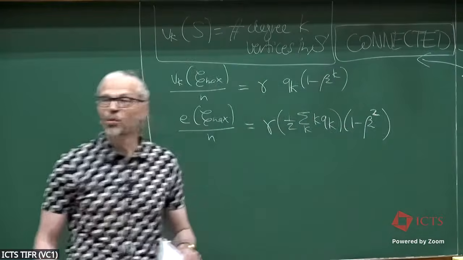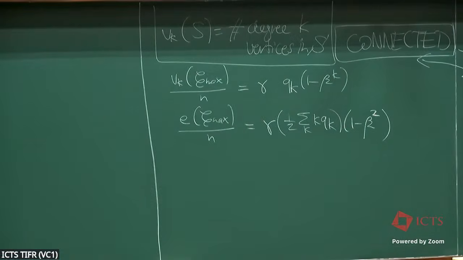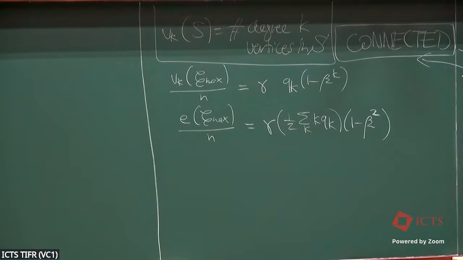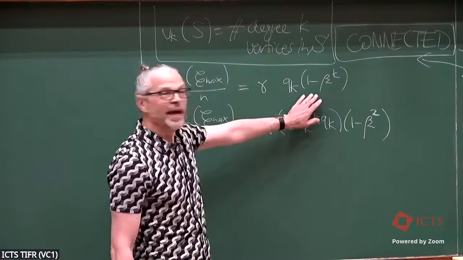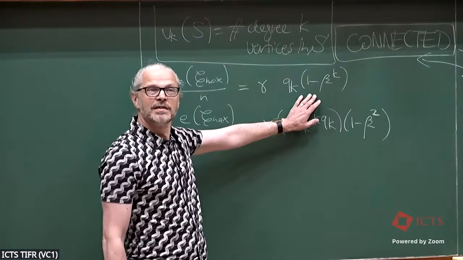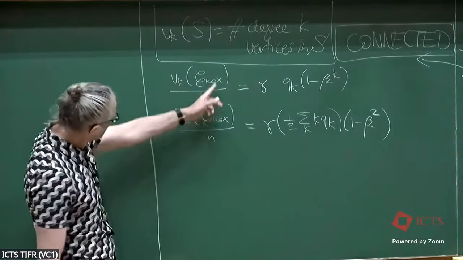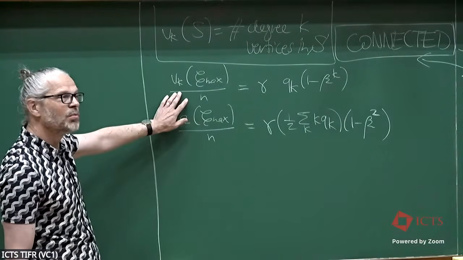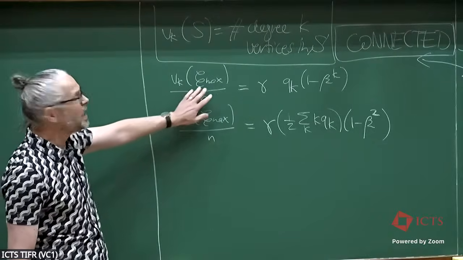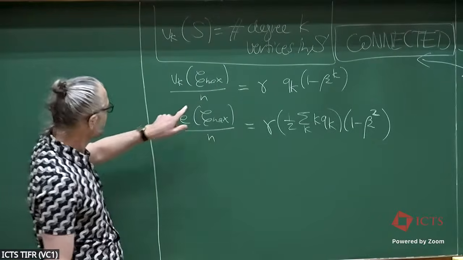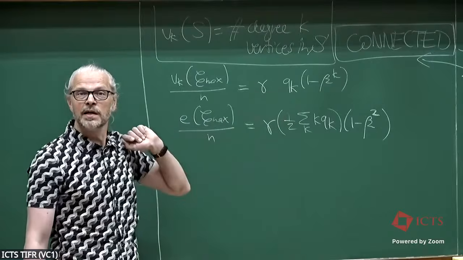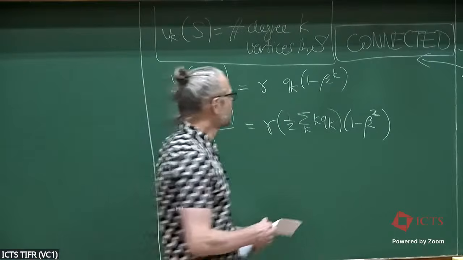Okay, we're almost there. Because I want my giant to be my wanted connected graph with type sequence little n. So this better be pk. And then indeed, the leading order behavior of the number of degree k vertices in this giant is n times pk, which is basically nk. I want this to be pk.